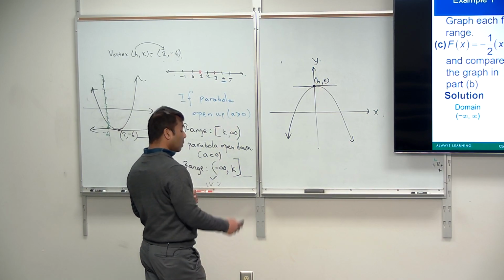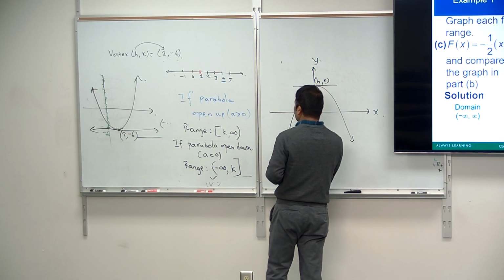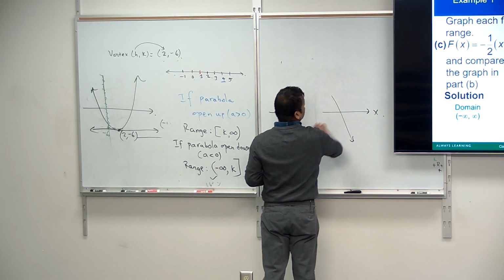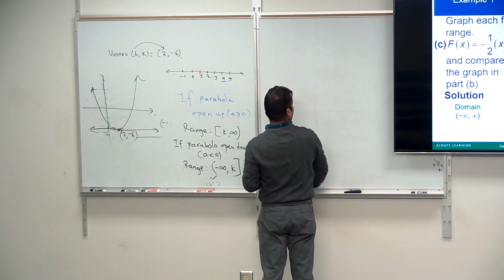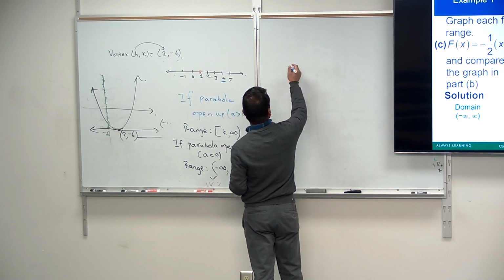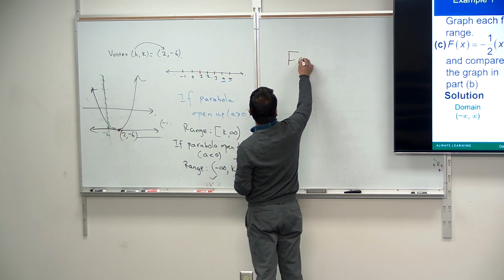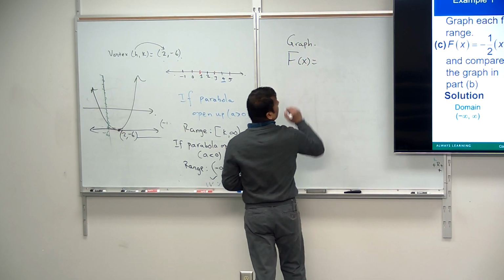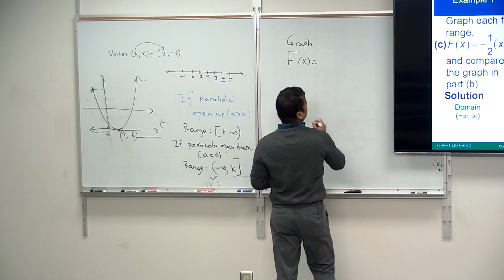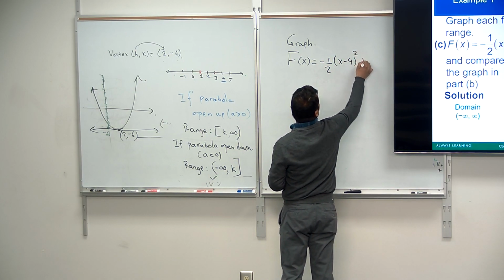So if you look here, guys, if you have a function, you want to graph the function f(x) = -1/2 (x - 4)^2 + 3.